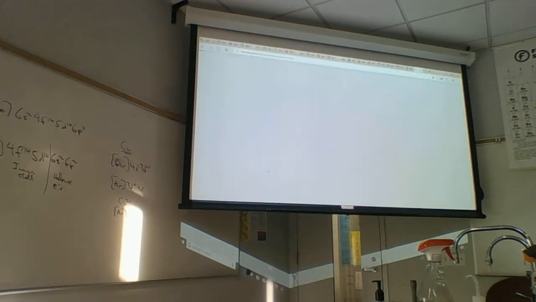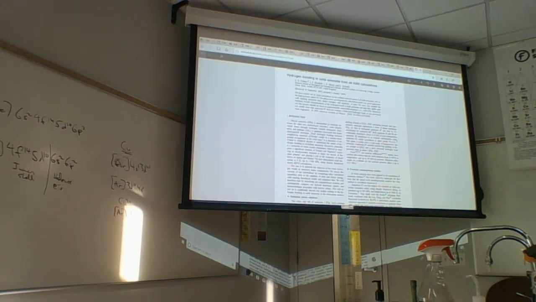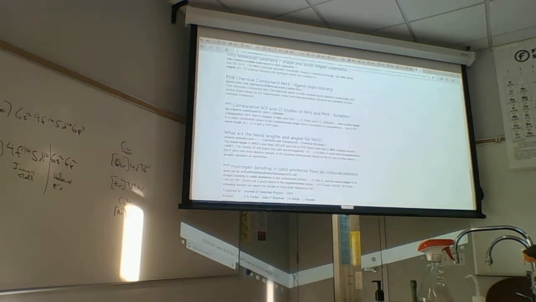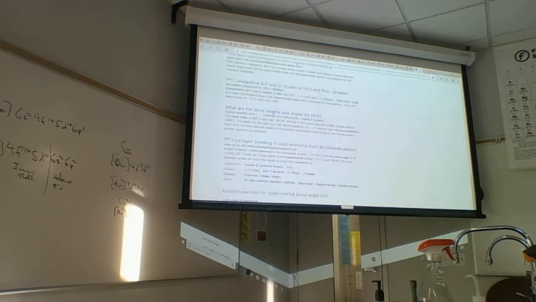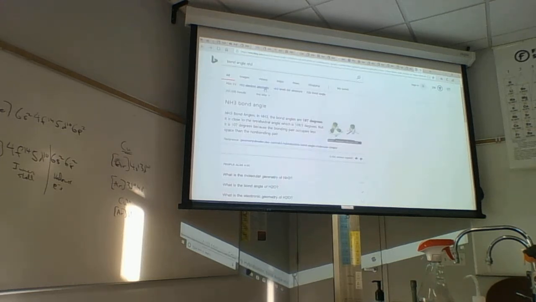Let's see. This is for solid. Oh, this is the ab initio calculations. Ab initio's quantum mechanical calculations. Shoot. That's not what I want to do then. It doesn't matter. So it's just a guess, I'm just saying around. And the same thing with water, it's a guess.